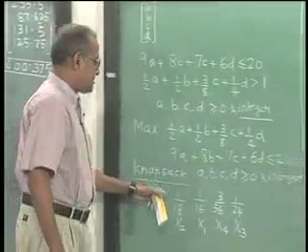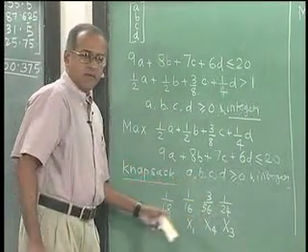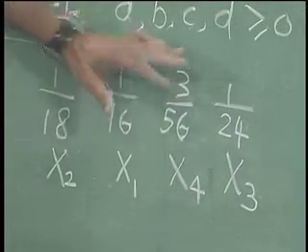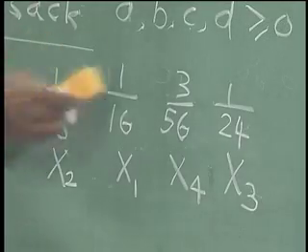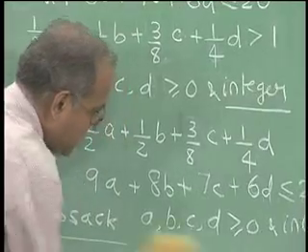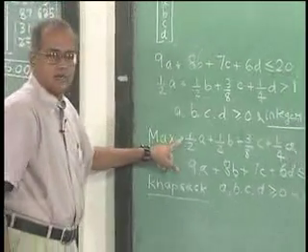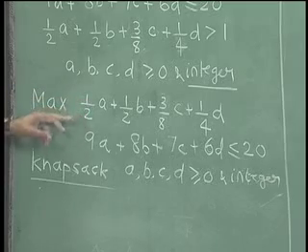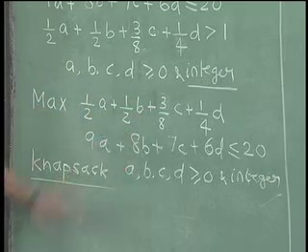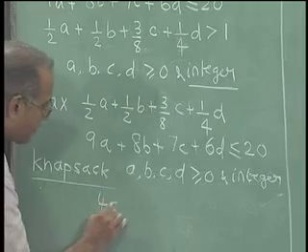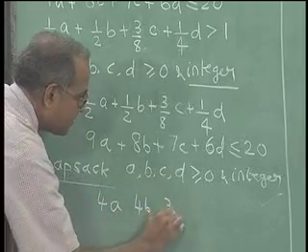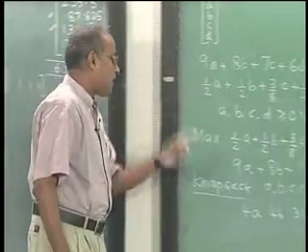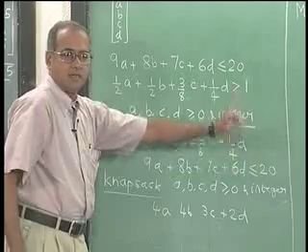Now, we have to sort this in the decreasing order of these values. So, this looks just that bit more difficult to sort. So, an easier thing to do instead of directly dividing them is to simply multiply this by a common factor and make this not dependent on the fractions. So, simply multiply this by the LCM which is 8. So, this will become 4a plus 4b plus 3c plus 2d subject to 9a plus 8b plus 7c plus 6d less than or equal to 20.